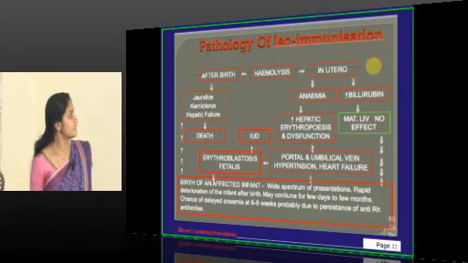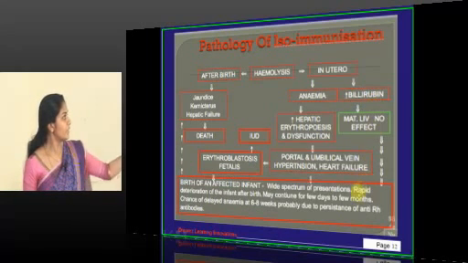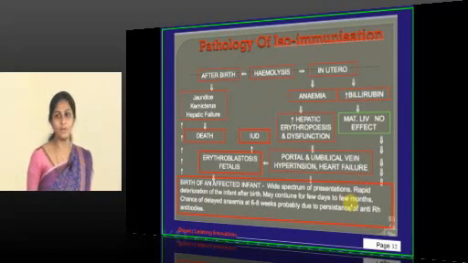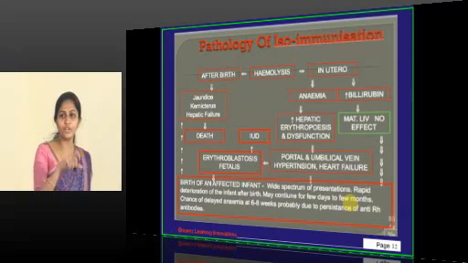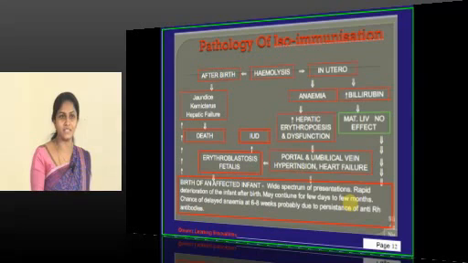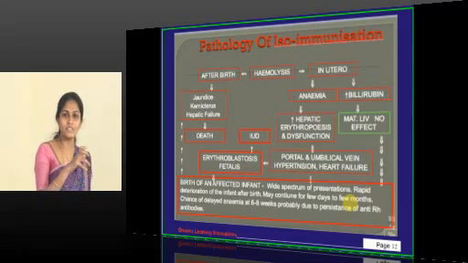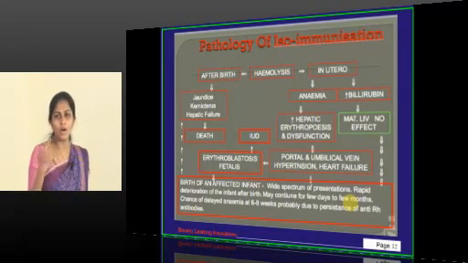Because of this, the bilirubin levels are going to increase. This is the main thing we are going to catch in the investigation. Whenever we investigate an Rh negative pregnancy, we catch hold of how much the bilirubin level has increased. What is that graph called?